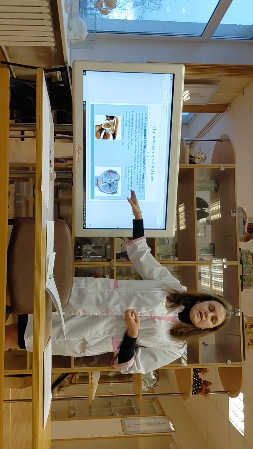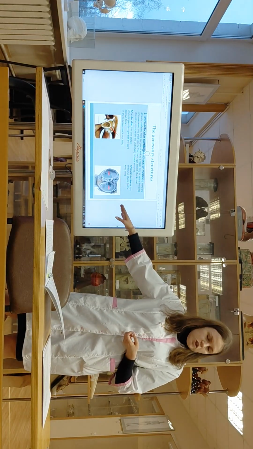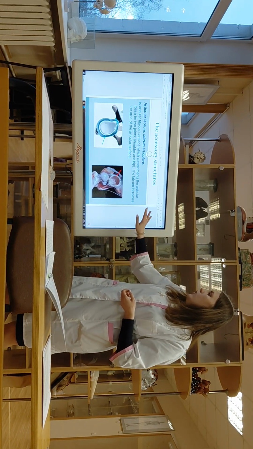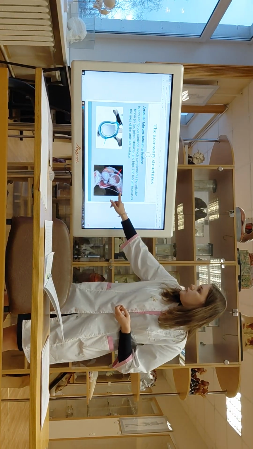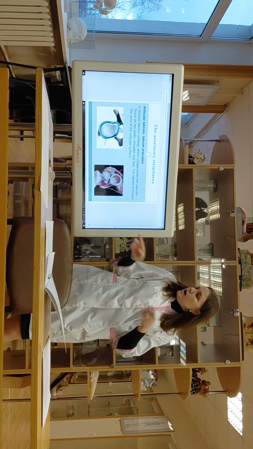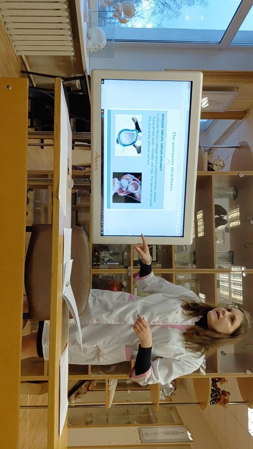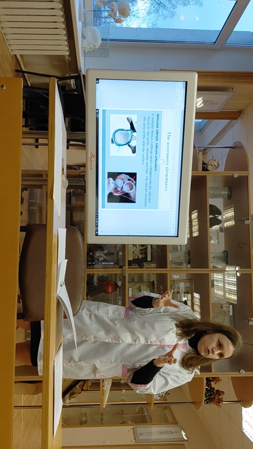The function of menisci is, for example, to make the surfaces more congruent to each other. The next part is the labrum, or lip, the articular labrum. For example, in the shoulder joint the labrum surrounds the cavitas glenoidalis.